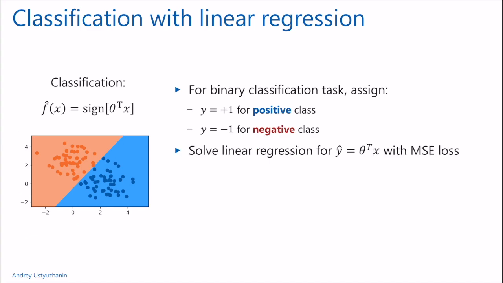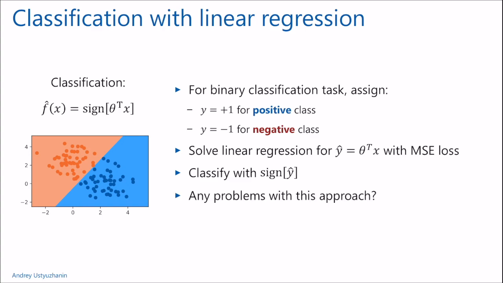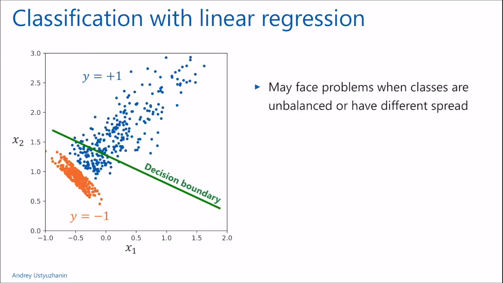So we solve this linear regression problem with mean squared error loss and apply a sign as a solution to this problem. Let us have a look at the drawbacks or shortcomings this approach might have.